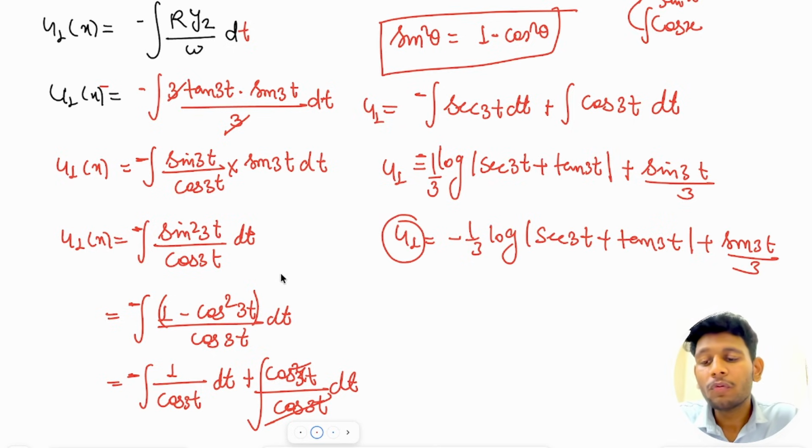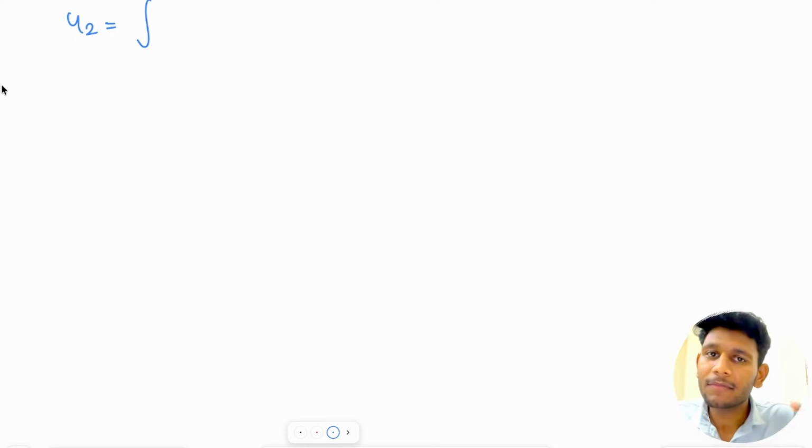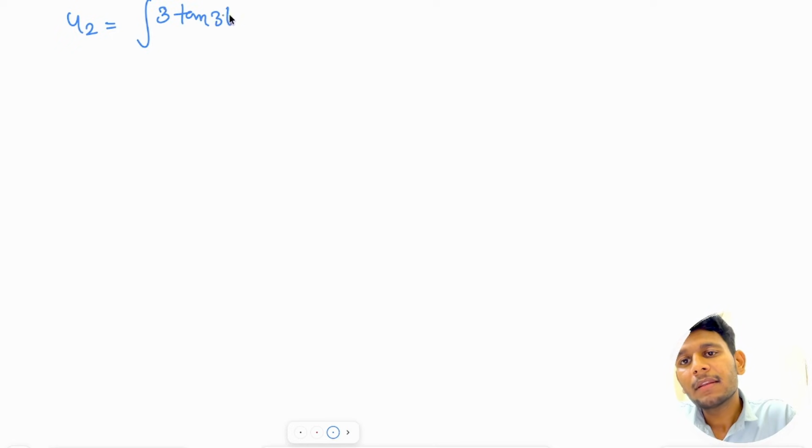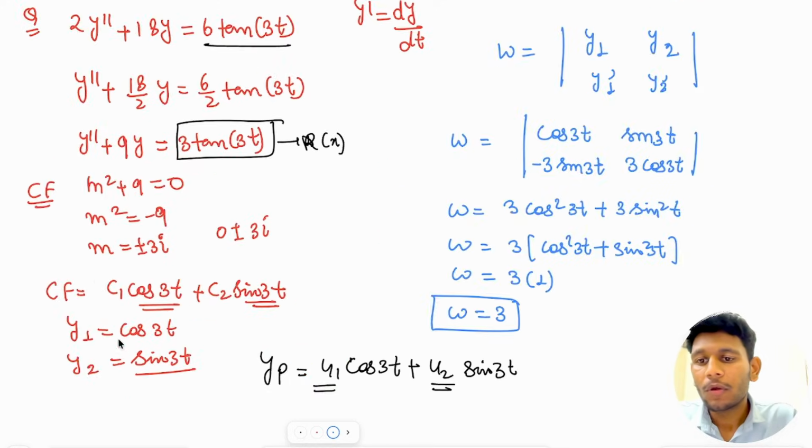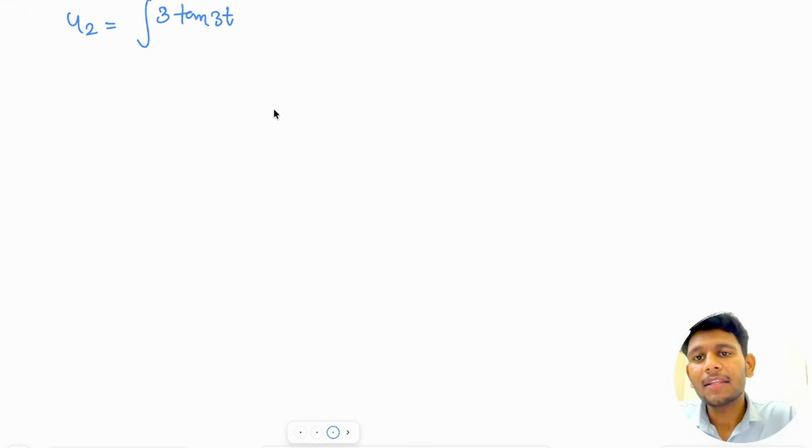This is your u1. I have solved this question, so I will simply write for you what u2 will be. u2 is equal to the integration of the right hand side, which was 3 tan 3t into cos of 3t, divided by the Wronskian, that is 3. 3 and 3 will get cancelled.